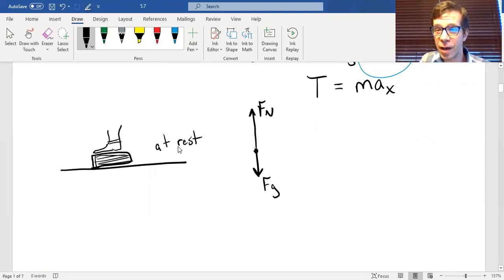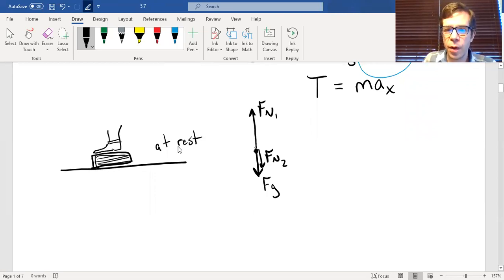And we have somebody standing on it, right? So there's another contact surface. Well, that contact surface pushes the book down, right? So we have another normal force pushing down, and this is the force on the book due to the person standing on it. So we'll call it N1 from the ground and N2 from the foot.